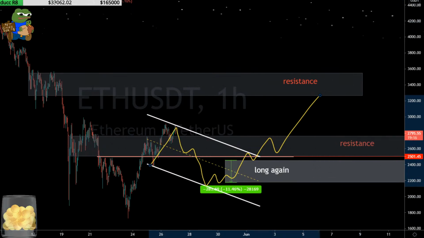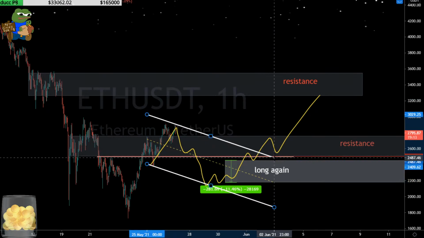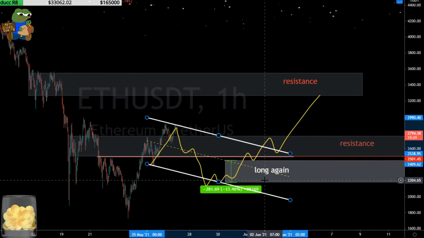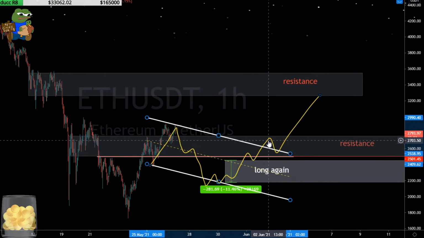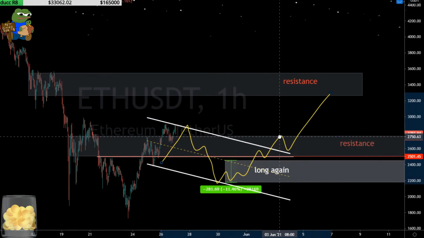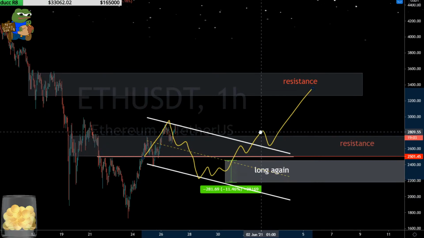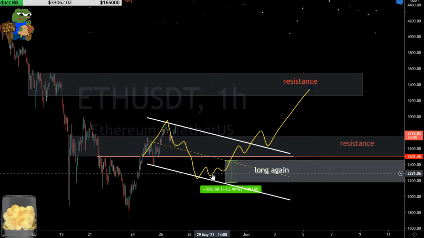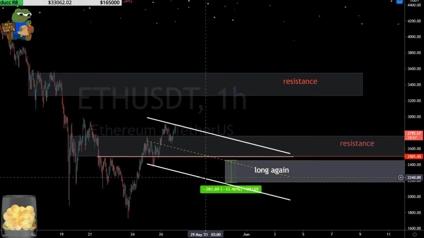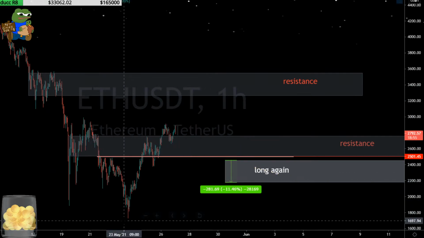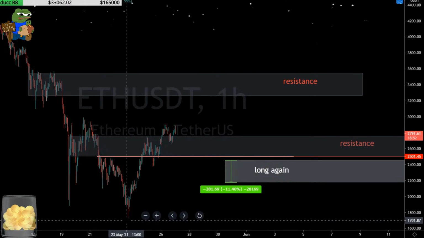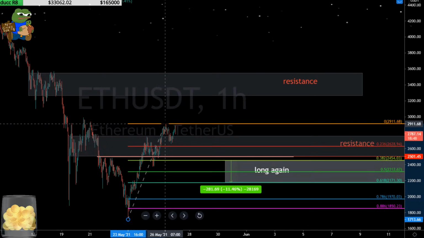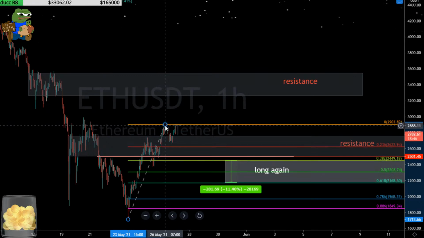Maybe the channel also paints itself more with more data and it doesn't end up being as dramatic, or something like this, right? But you get the general idea of what's going on here. We're looking for a retrace into this golden retrace zone, which is between the swing low point on May 23rd to the swing high at 2900 on May 26th.